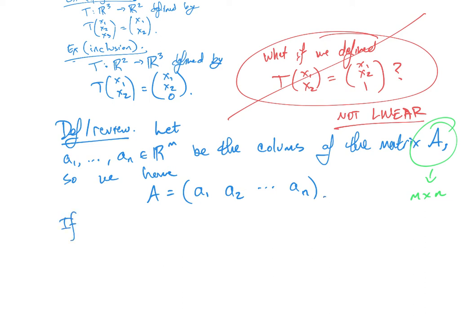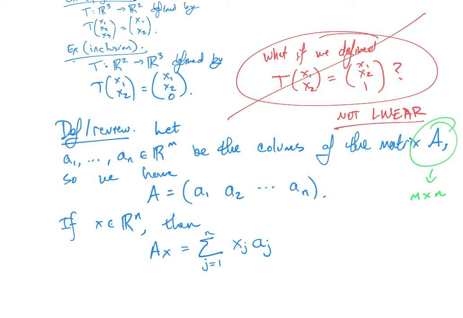Now, if x is a vector in Rn, then one way to define the product Ax would be to take the sum of the jth component of x with the jth column of A. And we would sum this from 1 to n.